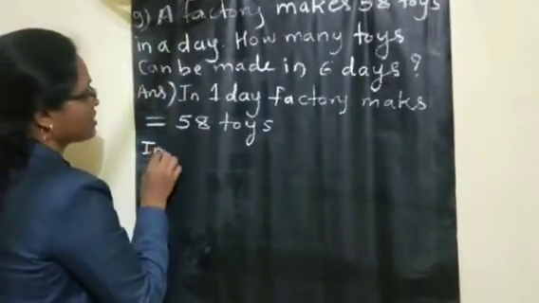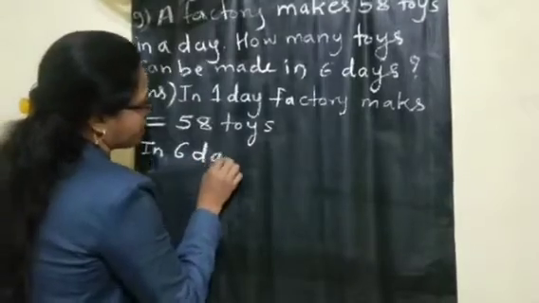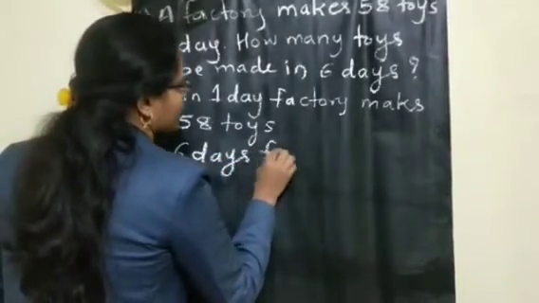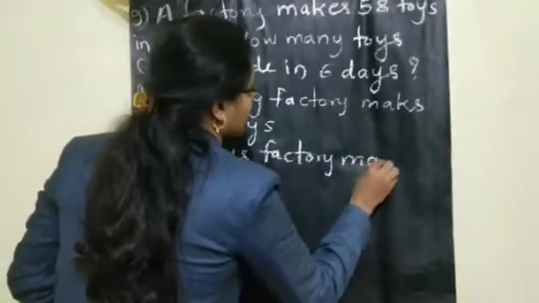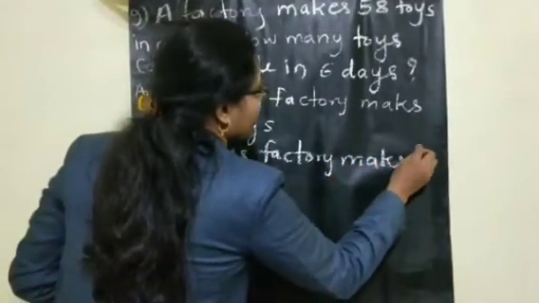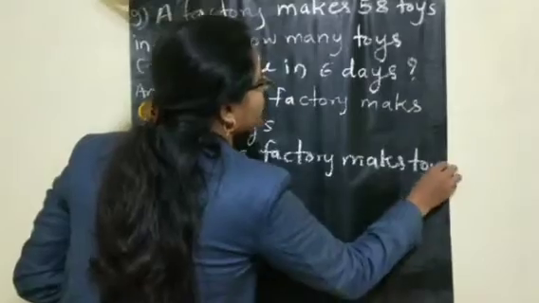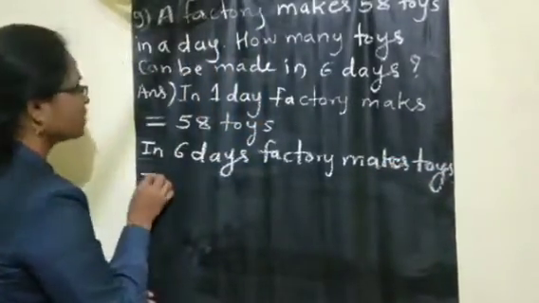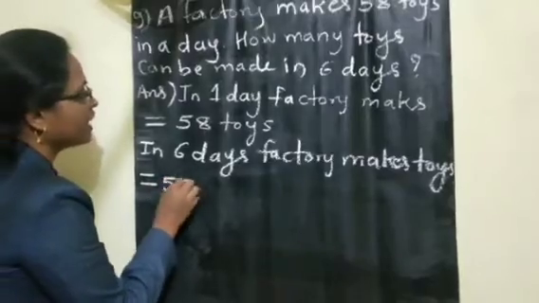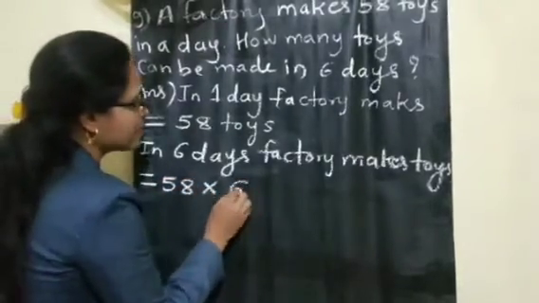In 6 days, the factory makes toys is equal to 58 multiplied by 6.